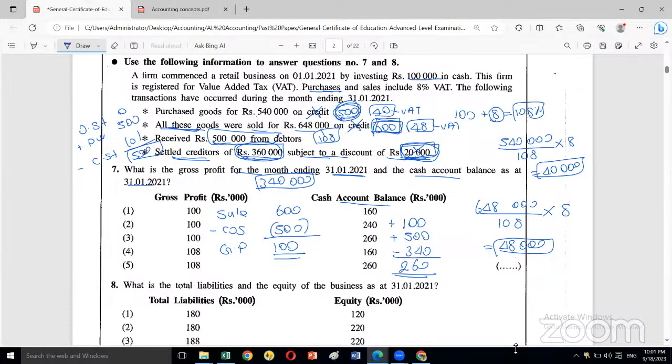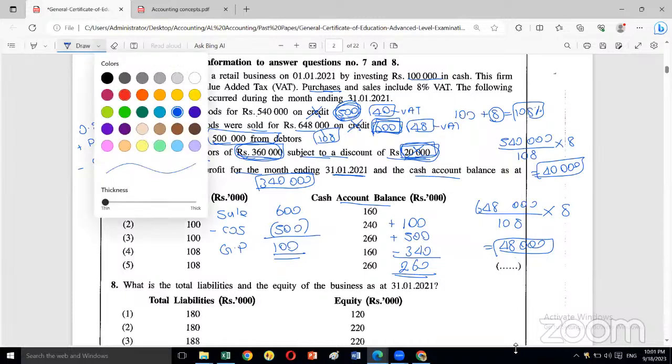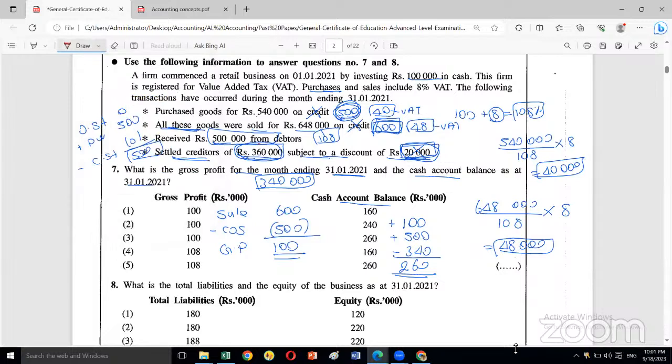So the cash balance is 260,000. Do we have the answer? Yes, we have the answer. The third one is the correct answer.